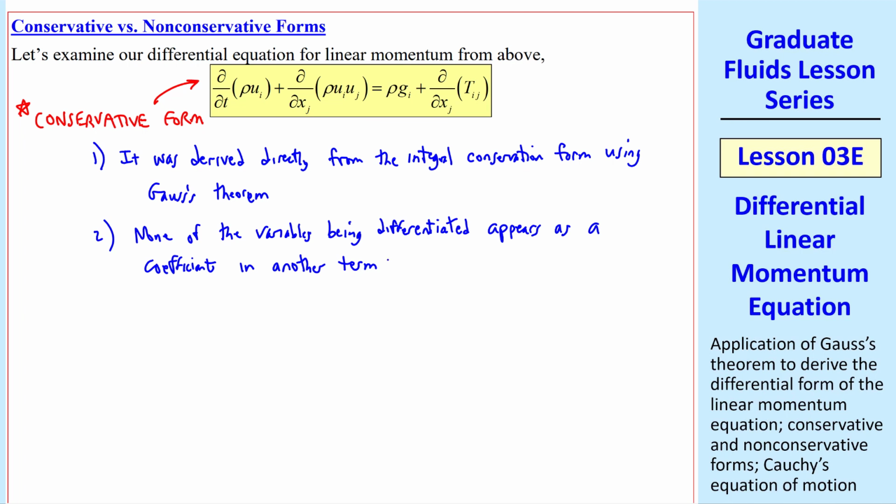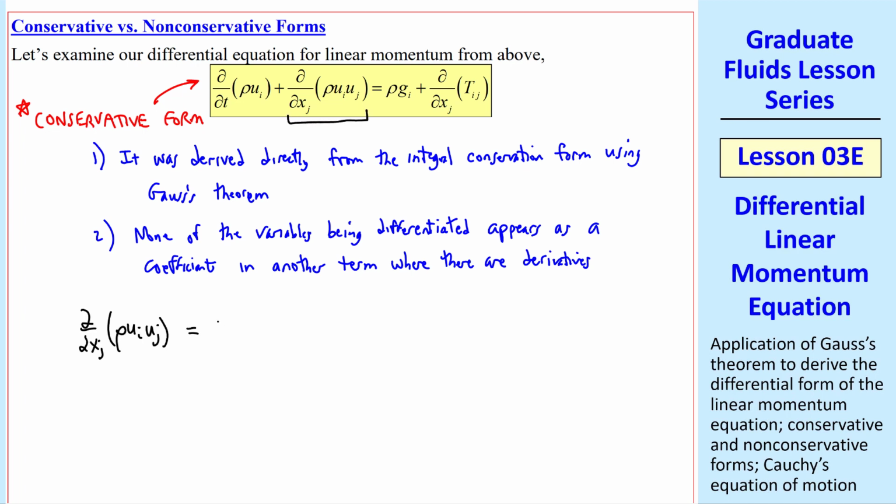To make this more clear, we're only talking about terms where there are derivatives. This term doesn't count, for example. Similarly, velocity vector ui is differentiated, but it doesn't appear as a coefficient in either of these two derivative terms or in this term. For example, consider this second term.